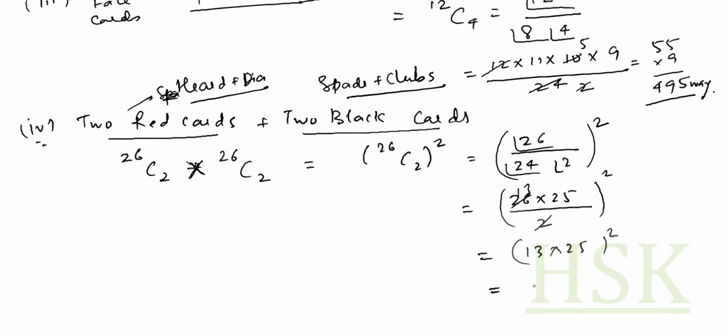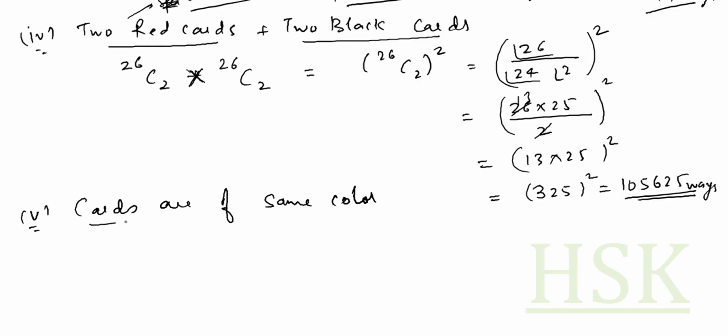So this is 325 whole square, which on solving gives 105,625. So these many ways are there.